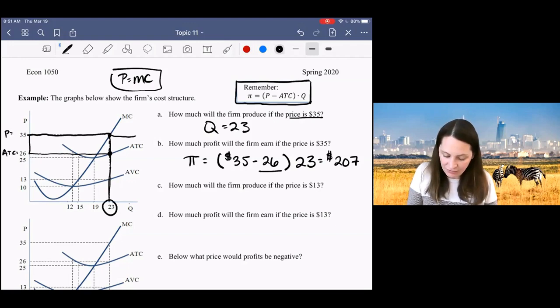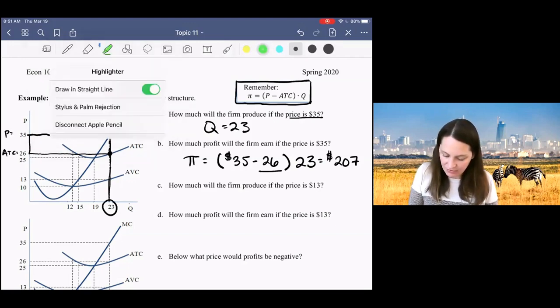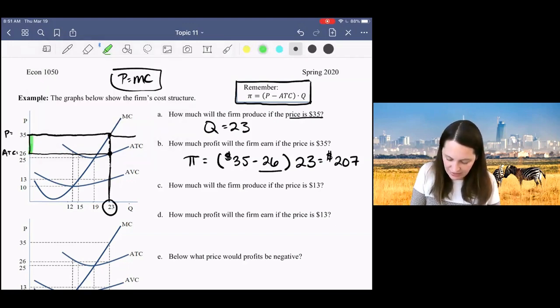And on the graph, we can actually shade the area of profits, price minus average total cost, that's this distance here, right? Times quantity, that's this distance here. And when I multiply them, I get this rectangle.